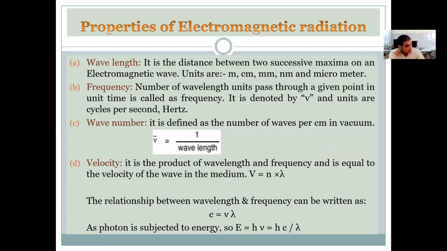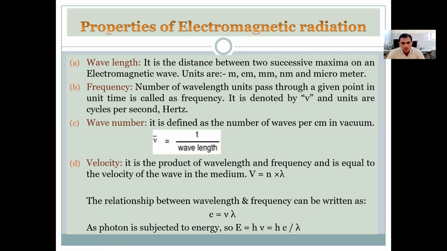What is velocity? Next, it is the product of wavelength and frequency, and it is equal to the velocity of the wave in a medium. So v is equal to nu into lambda. The relationship between the wavelength and frequency can be written as c equal to nu lambda. Okay. A photon is associated with energy.